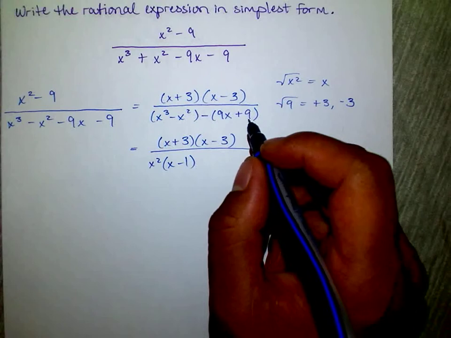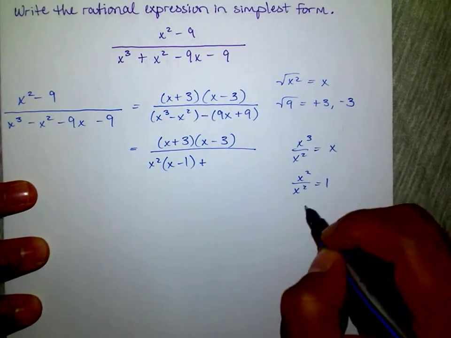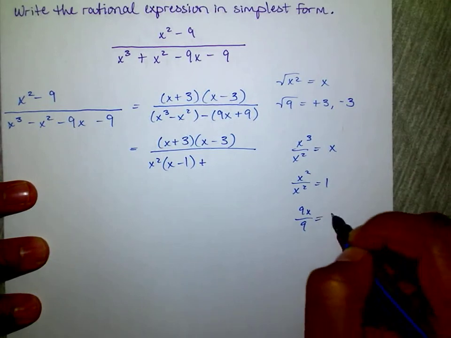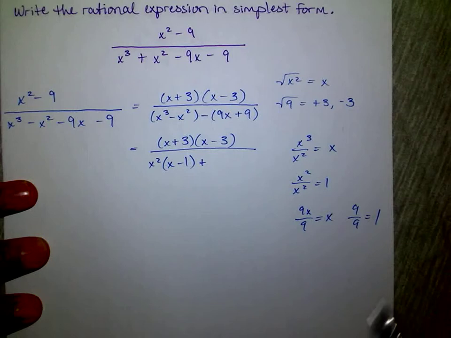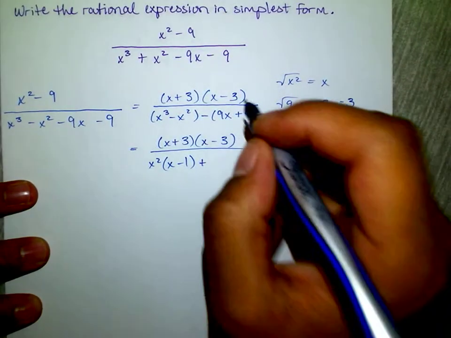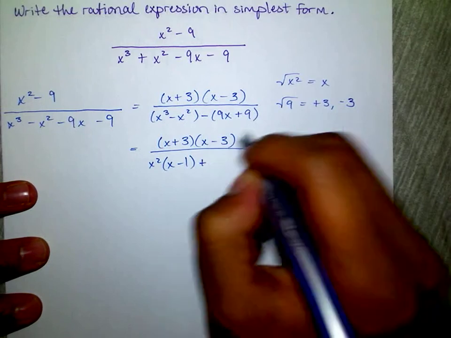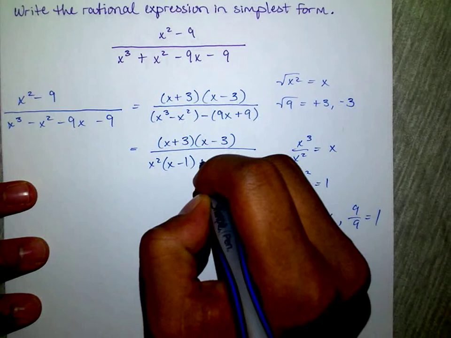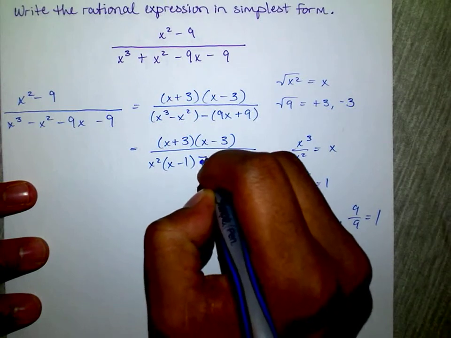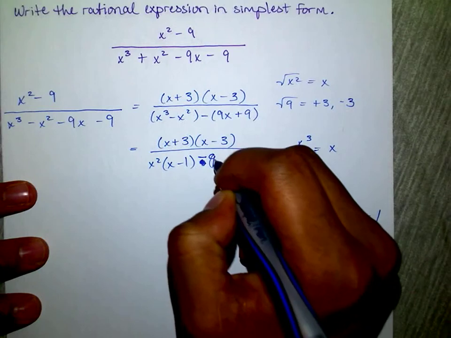And over here on the bottom, plus, I can factor out a 9 out of those two. So 9x, that's going to leave me with x. 9 divided by 9, that's going to leave me with 1. Alright? So, once again, that's going to be minus 9. This should be a minus sign. 9.